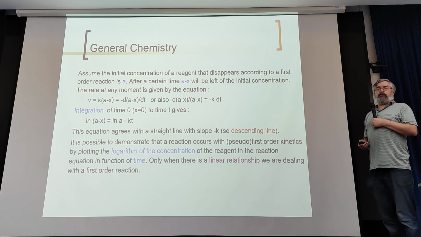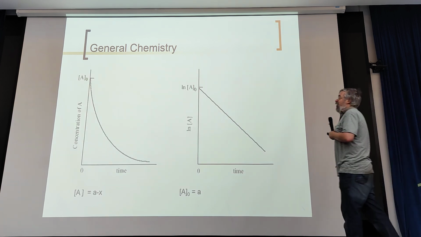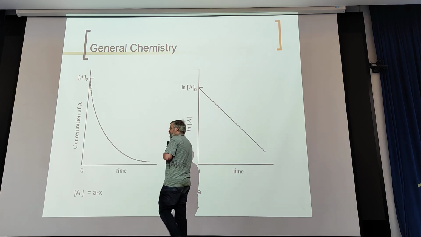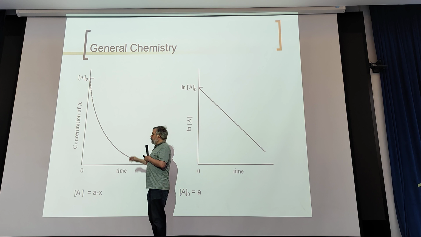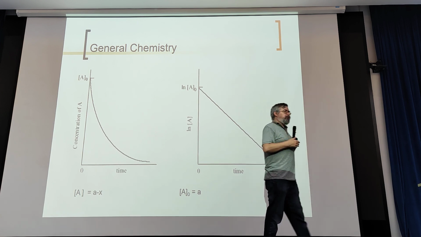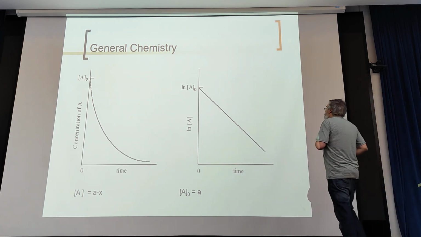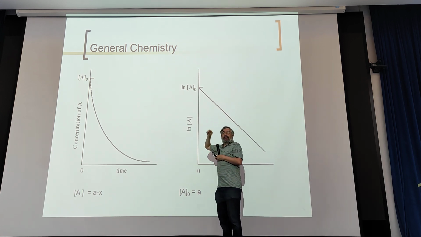A linear relationship is needed. So indeed, this graph very much looks like the graph of this N2O5, sorry. So not really clear if it's first or second order. Here we have the logarithm. You see it cuts at 0 at the A concentration.